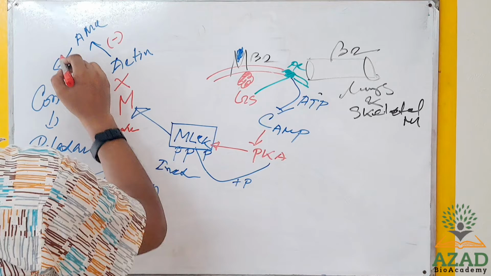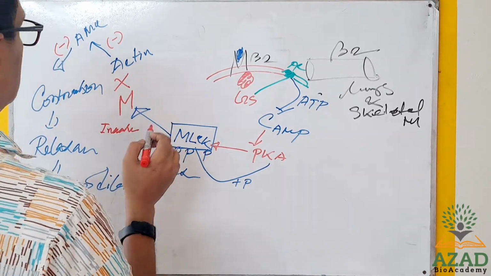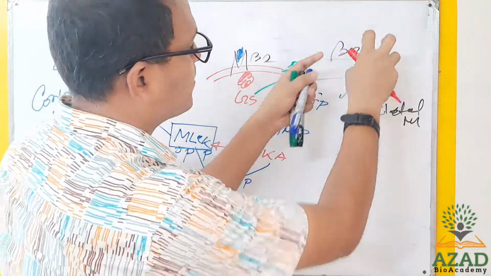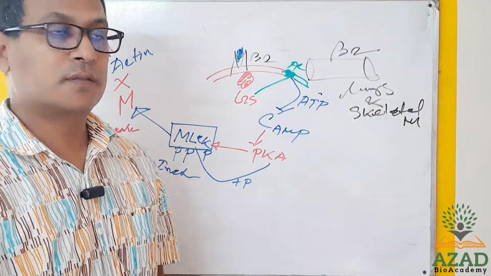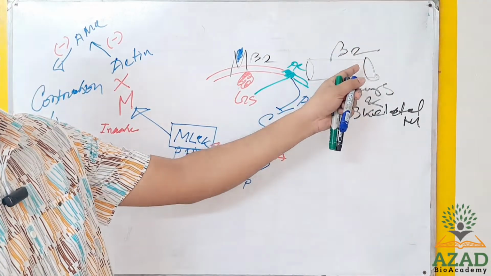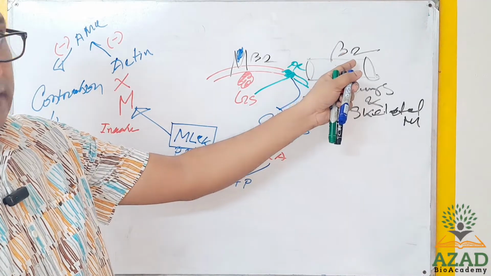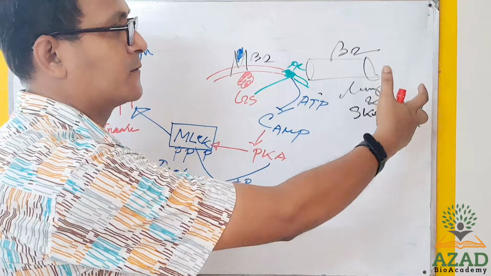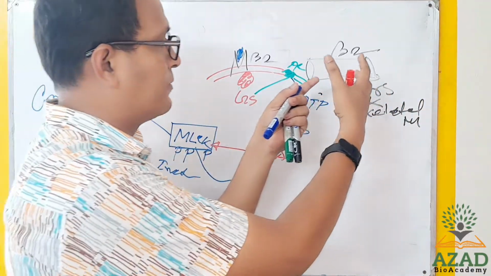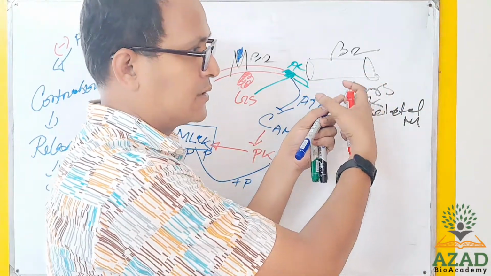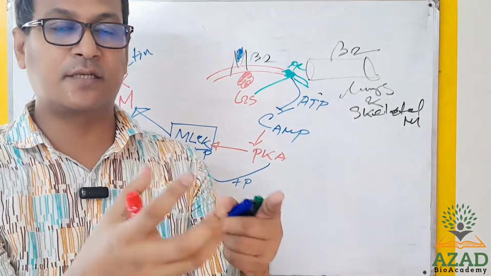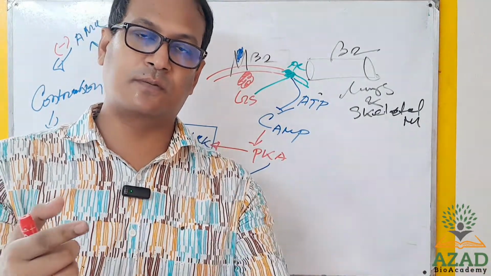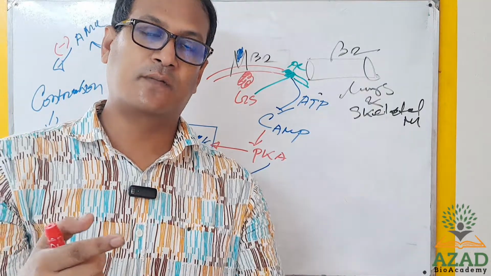Okay, so this is about the blood vessel of lungs. So when lung blood vessel beta 2 will be activated by noradrenaline, then it will cause vasodilation. It will cause the bronchial muscle dilation. That will facilitate more blood flow to the lungs, more oxygen flow to the lungs, more nutrient flow to the lungs.